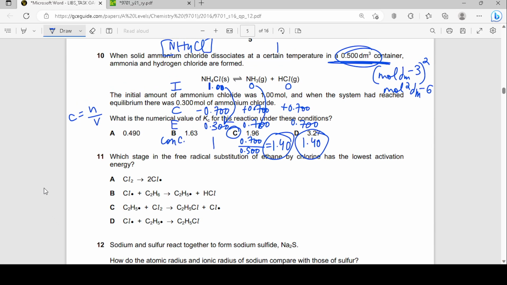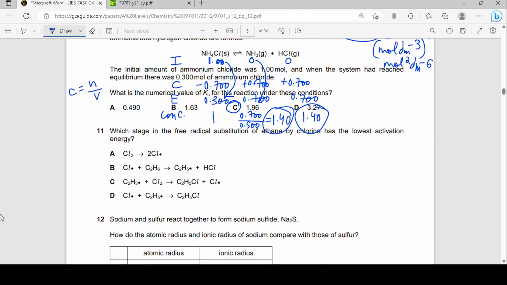Okay, next question. Which stage in the free radical substitution of ethane by chlorine has the lowest activation energy? Lowest activation energy means it occurs the most easily, it requires the least energy to occur. So it's most spontaneous, I suppose.